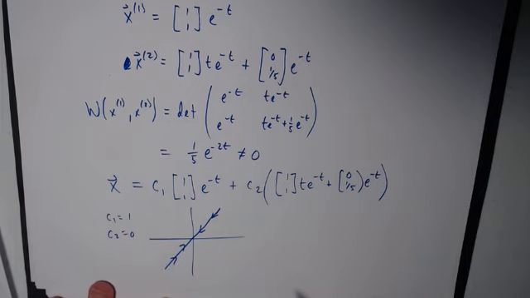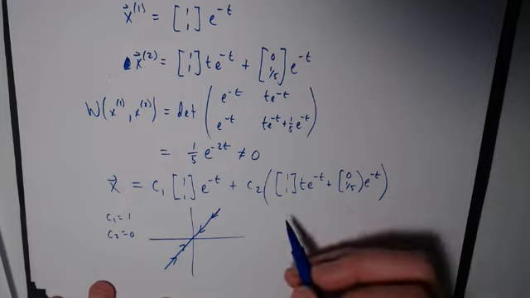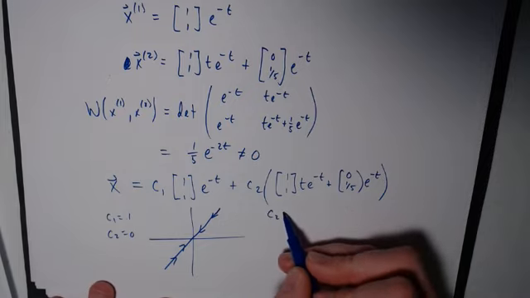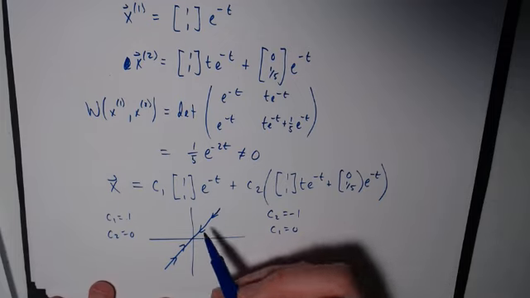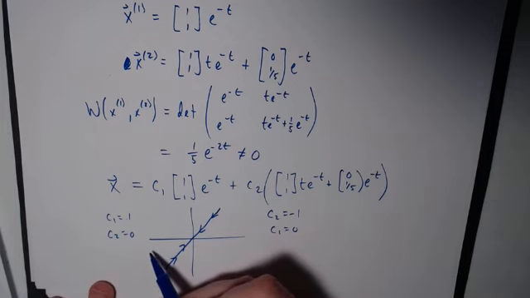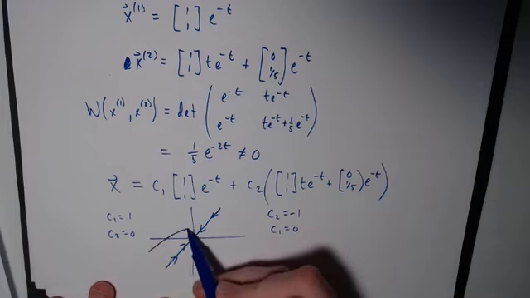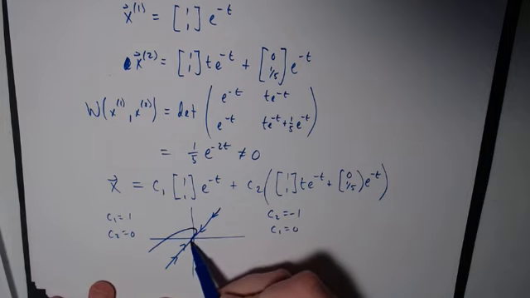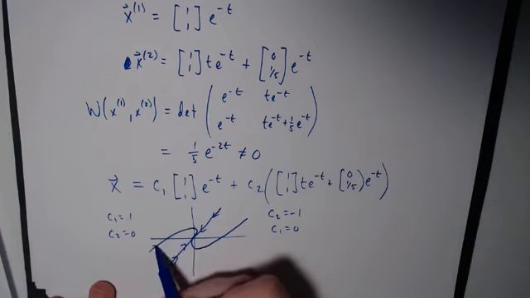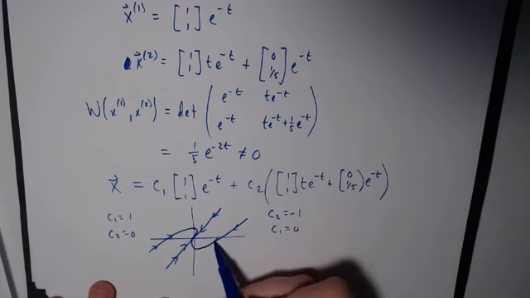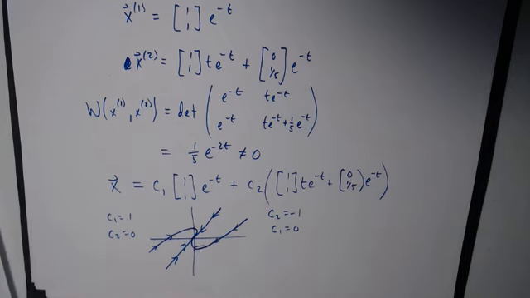And for this other one, you would want to use some computer graphing, but if I let C2 equal -1 and C1 equals 0, the trajectory would look a little something like this, where it also points at the origin.